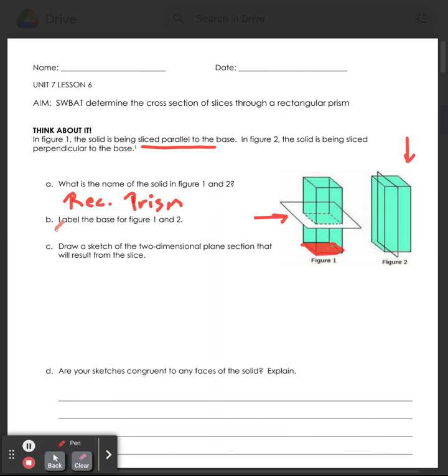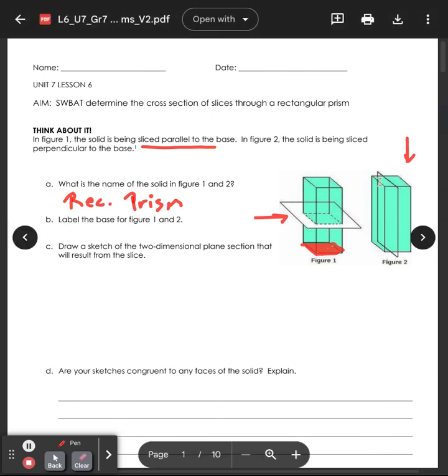Letter B says, label the base for figure 1 and for figure 2. The base here, the manner in which this is having the cross-section cut out, we see that this would be the base for figure 2. Draw a sketch of the two-dimensional plane section that will result from the slice.